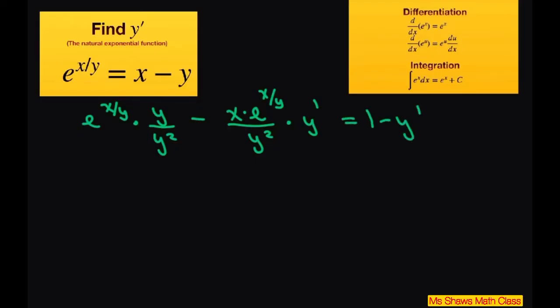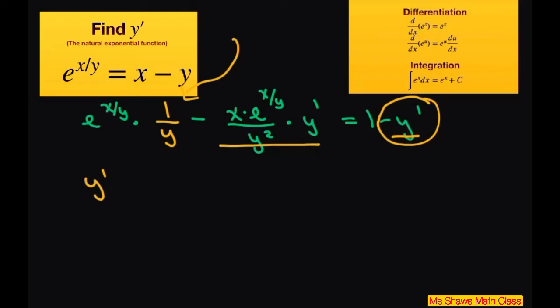All right, and the only thing I'm going to do different here, and I just want to show you this, this part is 1 divided by y. So I'm going to erase this and write this as 1 divided by y. And so now we can simplify further, and we're going to group our y primes together. So that means we're going to have y prime, I'm moving this guy over, minus this part.